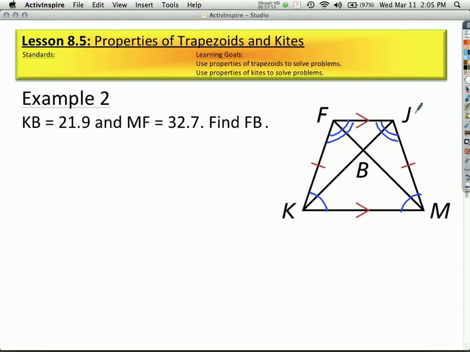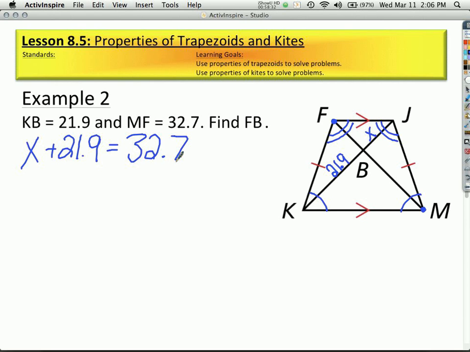So we have MF is 32.7. We've got KB is 21.9. So we don't know this piece over here, but we know that it must be equal totally to this whole diagonal. So we know that the missing piece plus 21.9 must equal 32.7. That will give us that missing piece. So that's just either some mental math or quick calculator work.